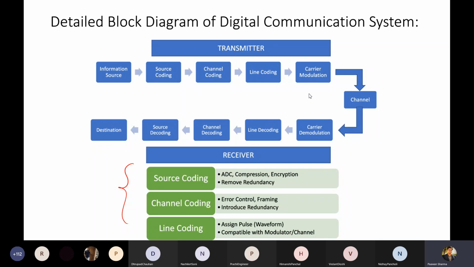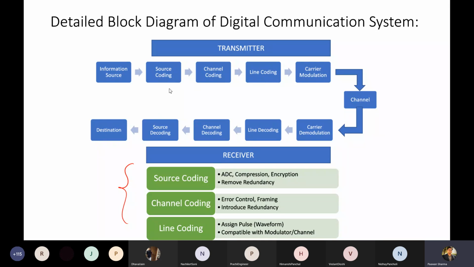If you are not going for baseband communication, you are going for carrier modulation communication. You are using some high frequency carrier and then transmitting over the channel. So this is exactly the reverse operations you will perform: carrier demodulation, line decoding, channel decoding, source decoding, and then the actual information will come to you at the destination. So all parts are very important.